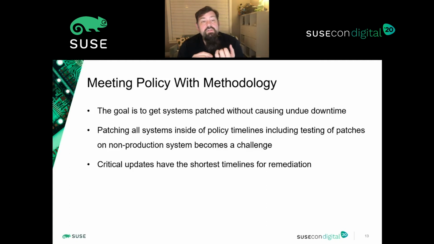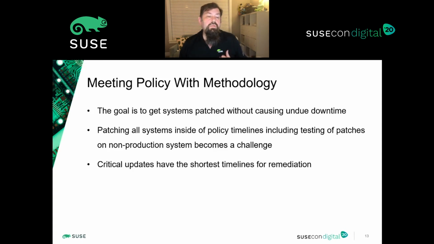I need to patch all of my systems based on those policies within the timelines that have been handed to me. There are times you might be able to push back, there are times you might be able to recategorize a system, but the overall goal is I need my production systems up to date, patched, and ready to do the jobs they're meant to do.